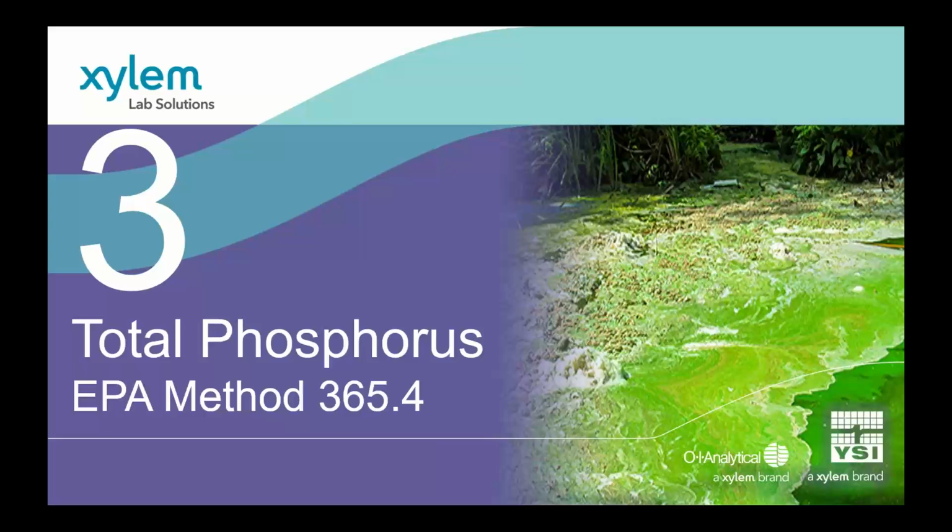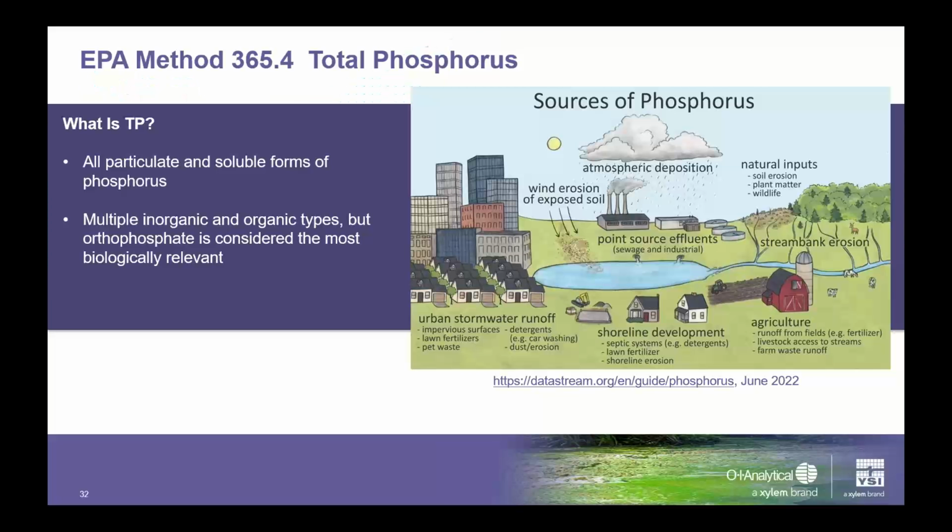When we talked about eutrophication, we talked about nutrients, and phosphorus is one that probably gets twice as much attention when we talk about harmful algal blooms. Total phosphorus is all forms of phosphorus that you get in the environment, and there are multiple inorganic and organic types of phosphorus coming from a lot of those same sources that we talked about before.